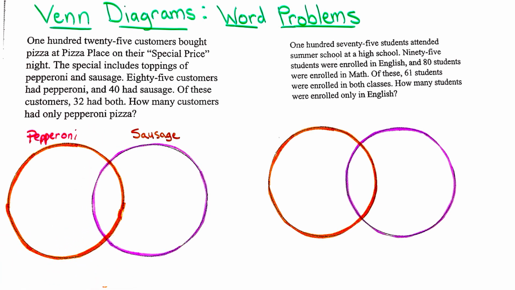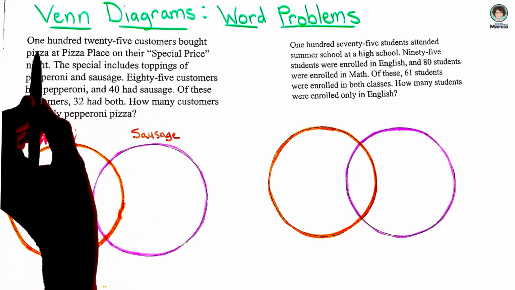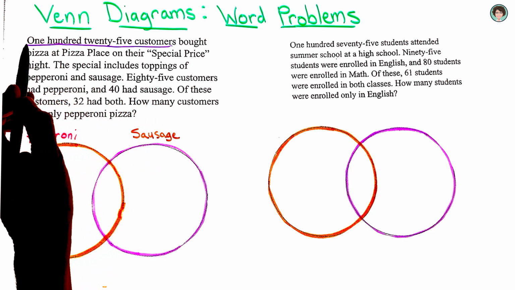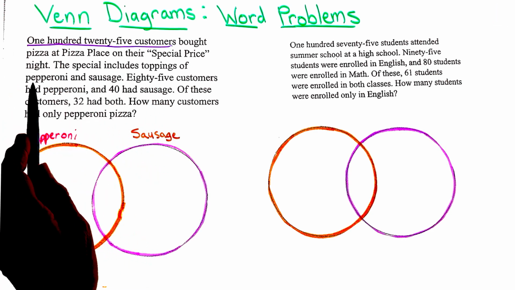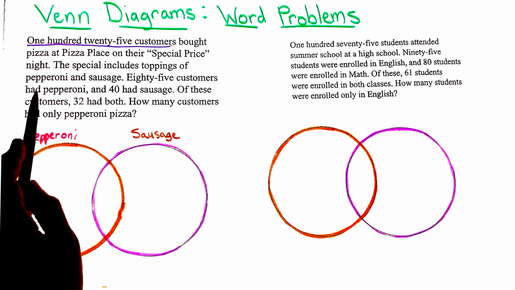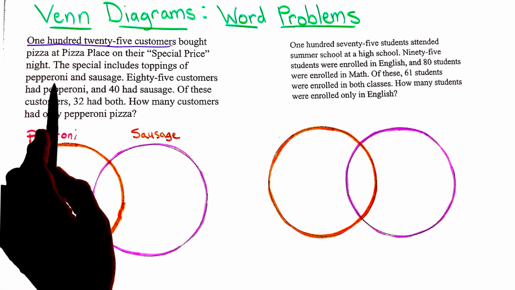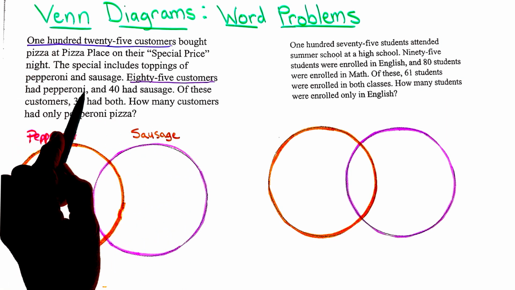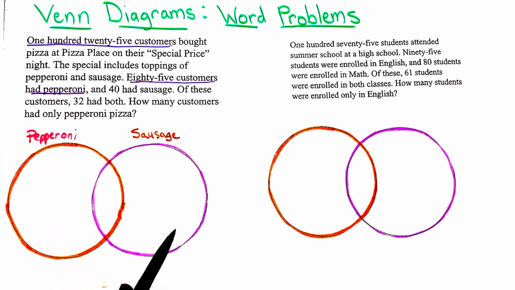All right, well, let's mark the text because that is going to be really important. So it's important to know that there were 125 customers. They do have this special night going, so now we're going to talk about the toppings for the pizza. There were 85 customers that had pepperoni, 85 of them.